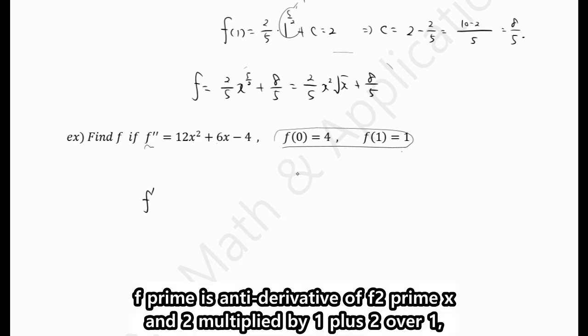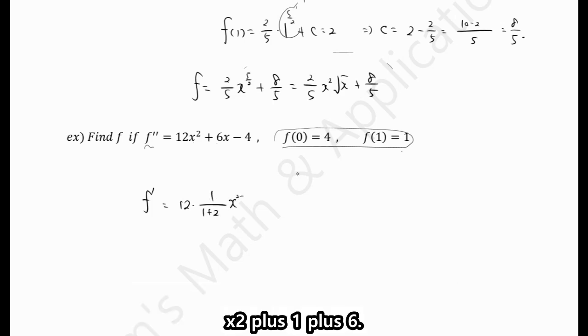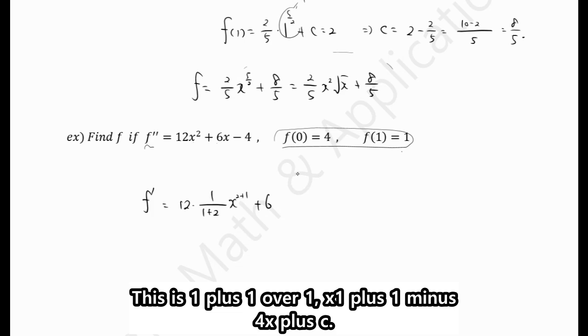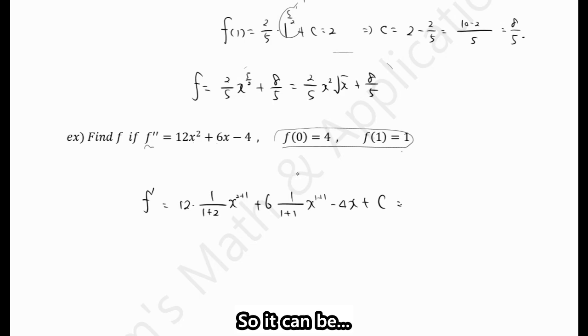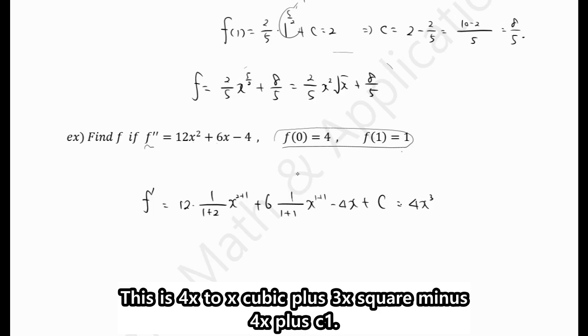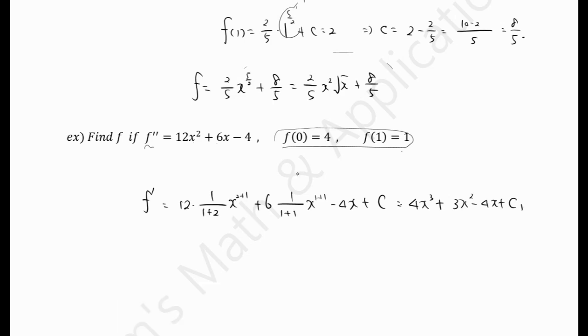F prime is the antiderivative of f double prime x: 12 multiply 1 over 2 plus 1, x to the 2 plus 1, plus 6 multiply 1 over 1 plus 1, x to the 1 plus 1, minus 4x plus c1. So this is 4x cubed plus 3x squared minus 4x plus c1.